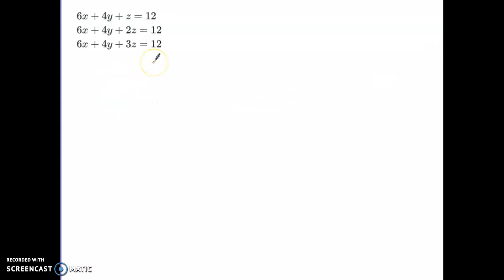This one here, again, we could subtract equations 1 and 2, and the x's and y's will cancel. I'm going to do 2 minus 1, so that's z equals, and then 12 minus 12 is 0. I could do the same thing with these two equations, but I've already solved for z.